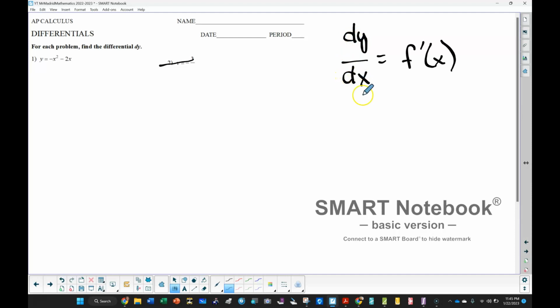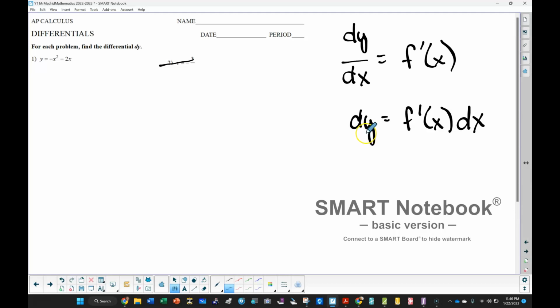The differential x is pretty standard, but the differential y, if we wanted to solve for it, we can simply multiply both sides by this dx, and we would have this right here. Here we're dealing with differentiation, and here we have the differential of y.